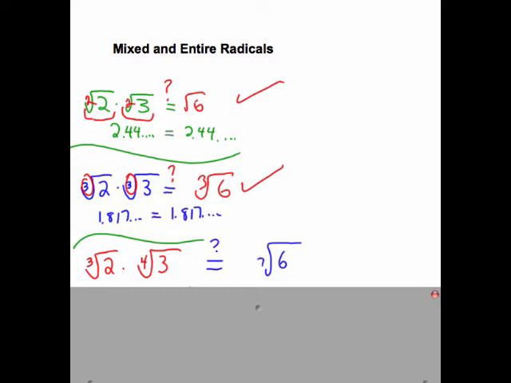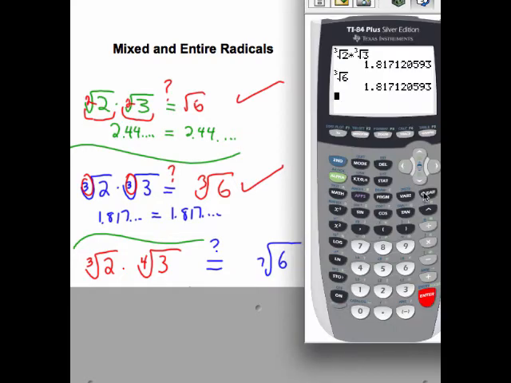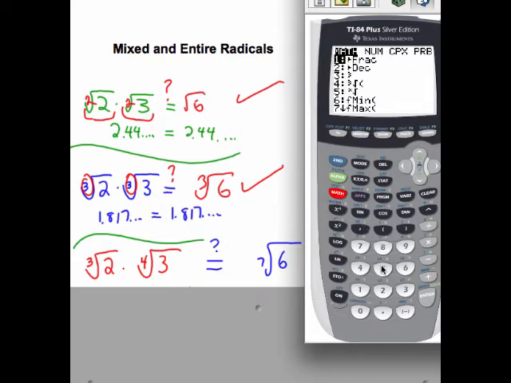These are both reasonable hypotheses, but we don't know if this is true, so we're going to go off to our calculator and see what happens. The cube root of 2 multiplied by the 4th root of 3 gives us this decimal approximation.